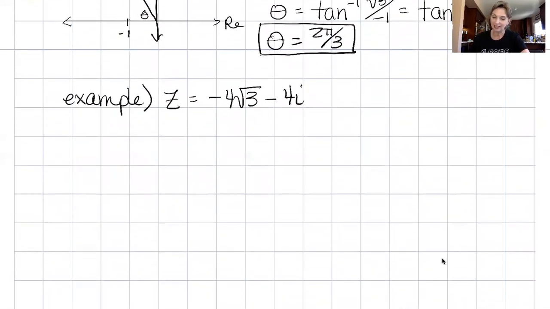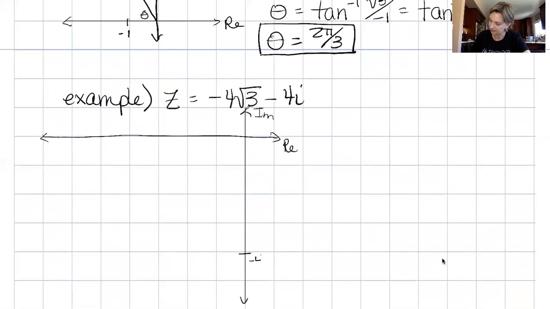Okay, first I like to draw the problem. All right, so let's give ourselves a little space here. This one's way down in quadrant 3, right? So we're gonna give ourselves lots of room to draw. Okay, our real axis, imaginary axis. Okay, on the imaginary axis, we're down at -4.